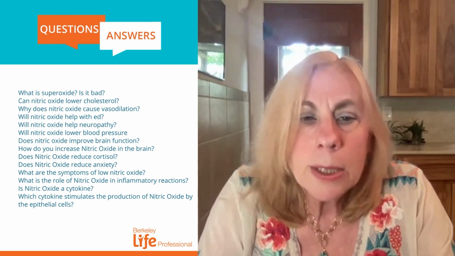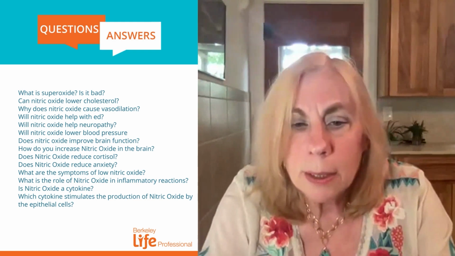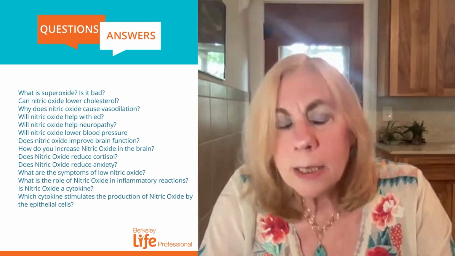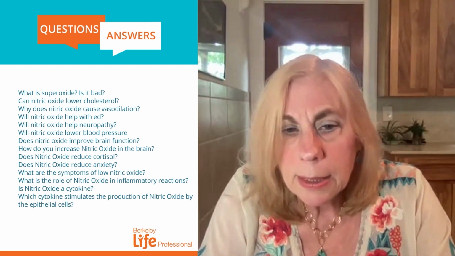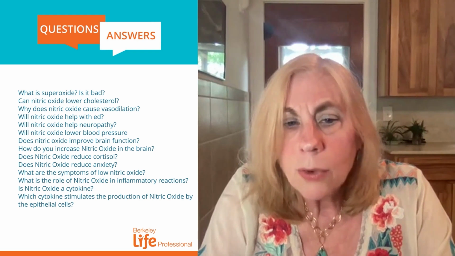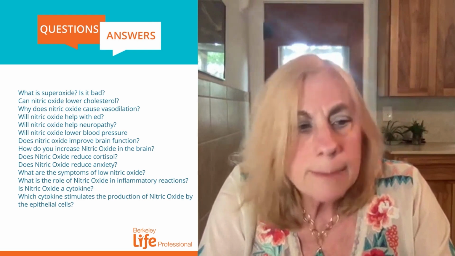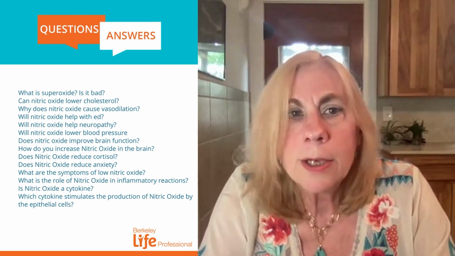So supporting that nitrate to nitric oxide pathway is critical in healthy longevity. Cardiovascular disease is still the #1 killer in the United States. So supporting that pathway is essential for everything in our body, for every single physiological process.